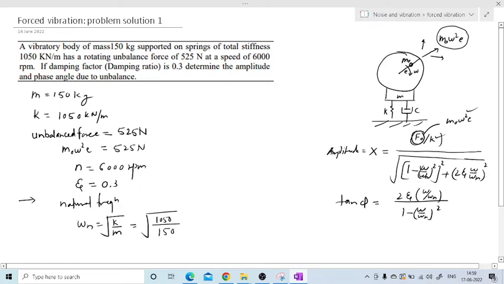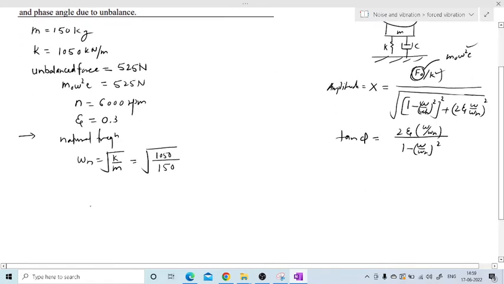Put the values in the calculator, we will get the answer of omega n. The answer of omega n is 83.66 radian per second, because it is angular frequency, angular velocity.